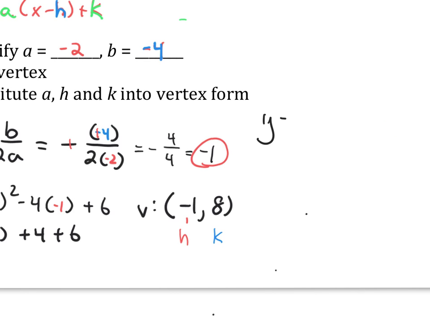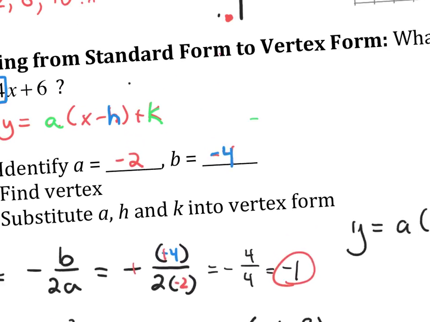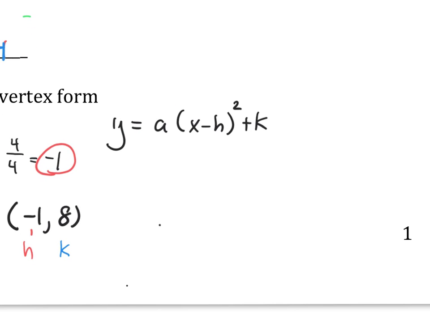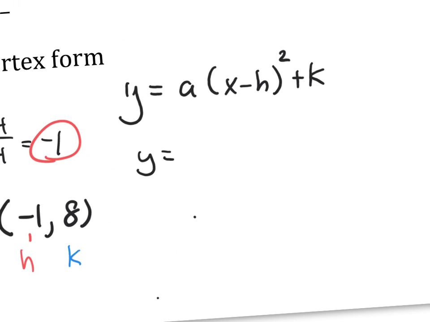Y equals A times parentheses X minus H squared plus K. I forgot that square above there. Sorry about that. All right, now we just substitute things in, paying attention to our double negative in a second. I do put a 2? Go back and check that. The A is negative 2, so I have to put a negative 2 down.